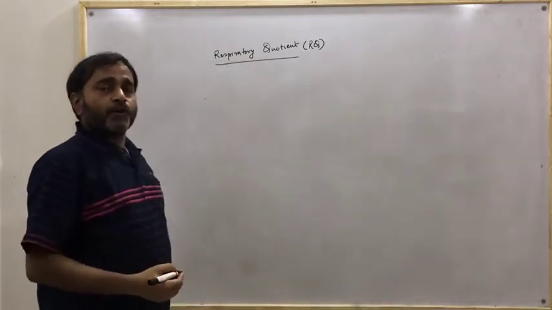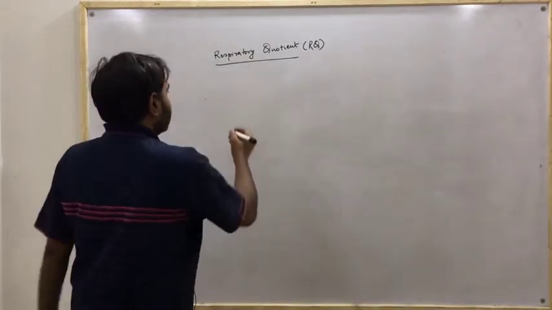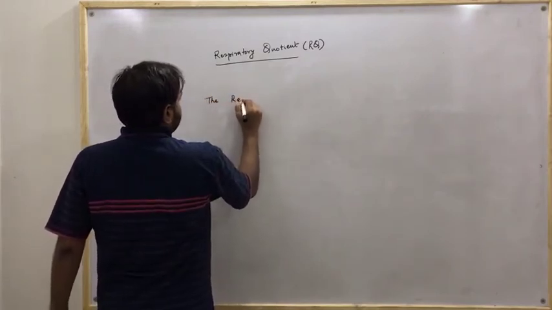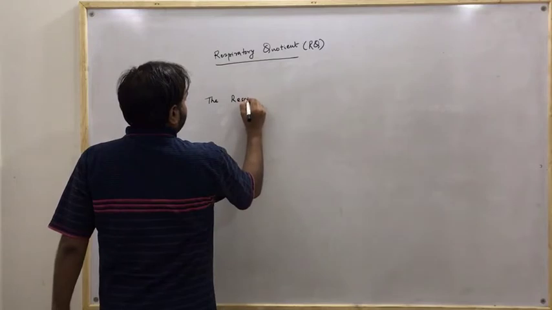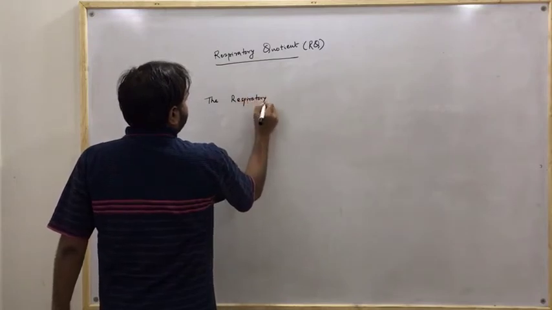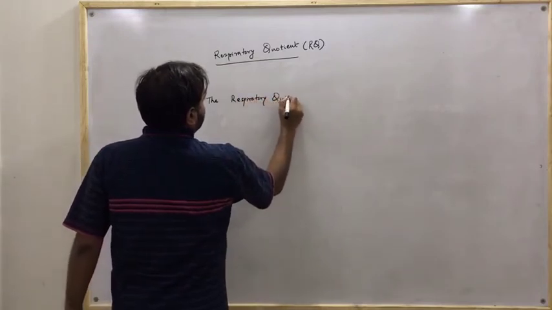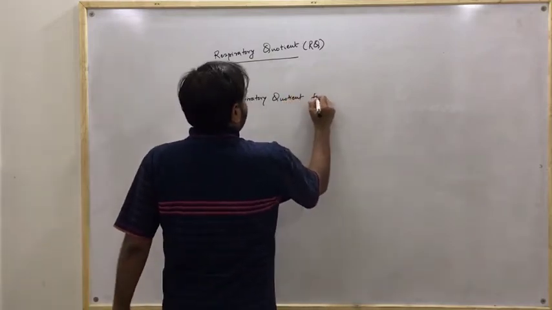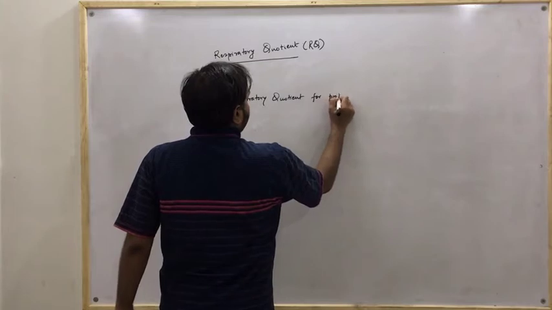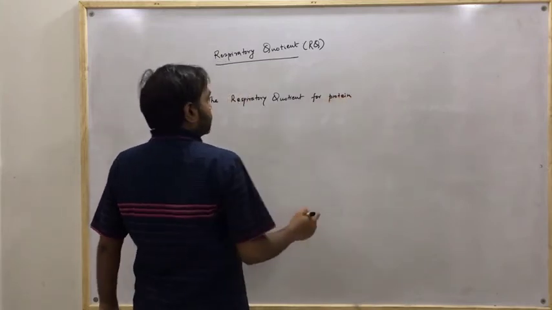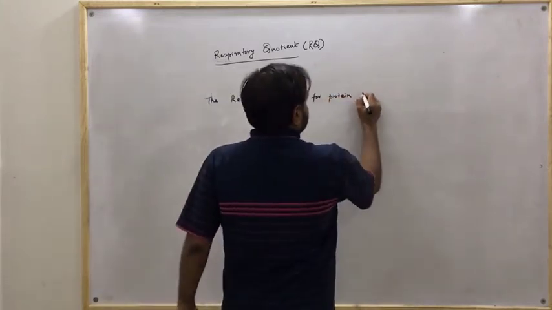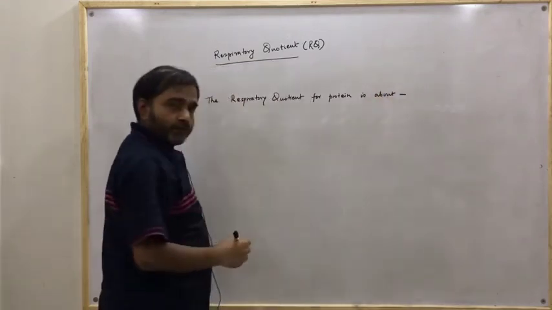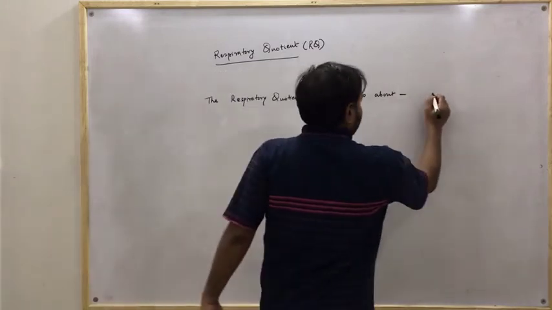Then we will talk about the RQ value of proteins. The respiratory coefficient for proteins is about ranging from 0.8 to 0.9.